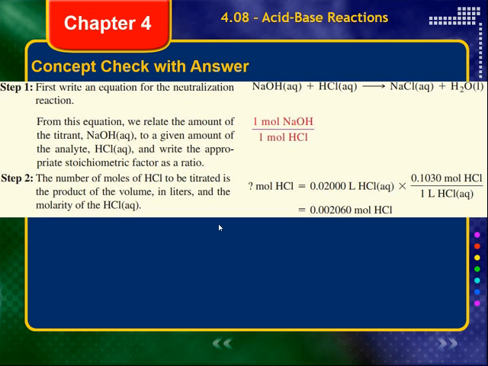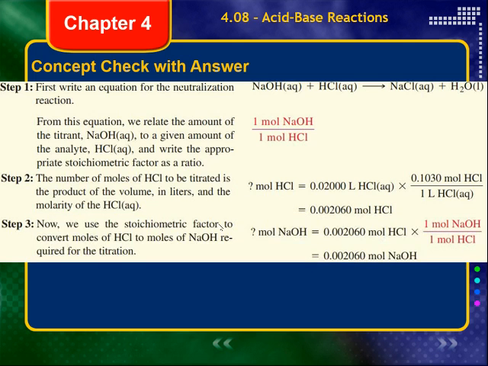I simply multiply the molarity by the volume. The volumes cancel out, and I have 0.002060 moles of HCl.